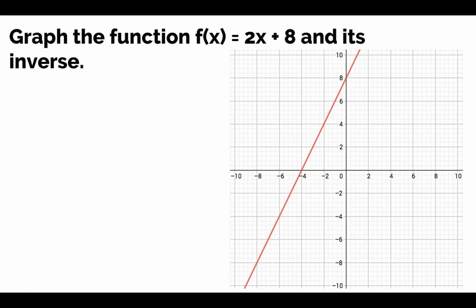See how I kind of made both tables at the same time? That's nice and easy. We already found the inverse of this function on the front. That was the one where it was 1/2 x minus 4. So I want you to plot the points of the function and its inverse, and let's see what happens there.